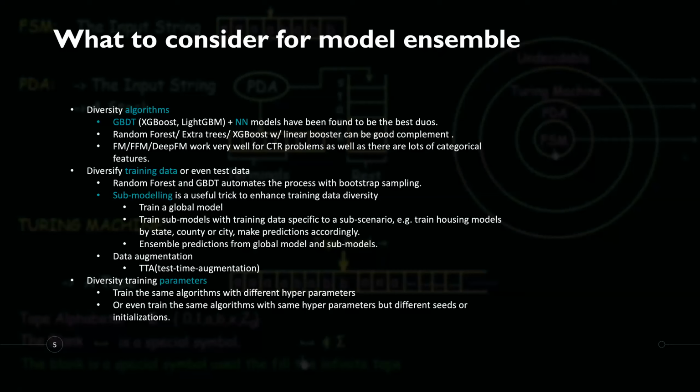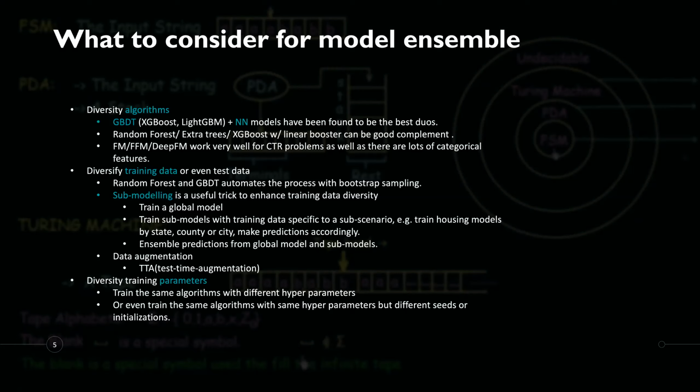Essentially, if you could train a good GBDT model coupled with a good neural network model, then by averaging the results from the two models, you would most likely end up with a promising result. And random forest and XGBoost with the linear booster are good complements to an ensemble solution.